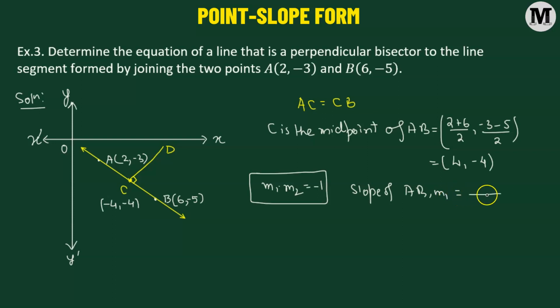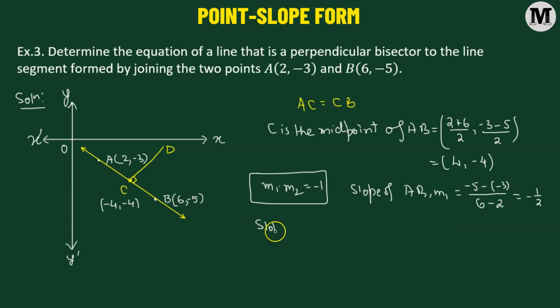So all we have to do is take the ratio. In the numerator, we have the difference of the y coordinates. So here we'll take -5 minus -3, divided by the difference of the x coordinates, which is 6 minus 2. So we have -5 plus 3, which is -2, and 6 minus 2 is 4. So our slope is going to be -1/2.